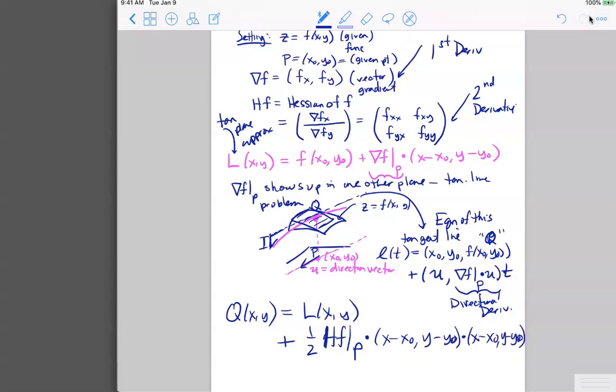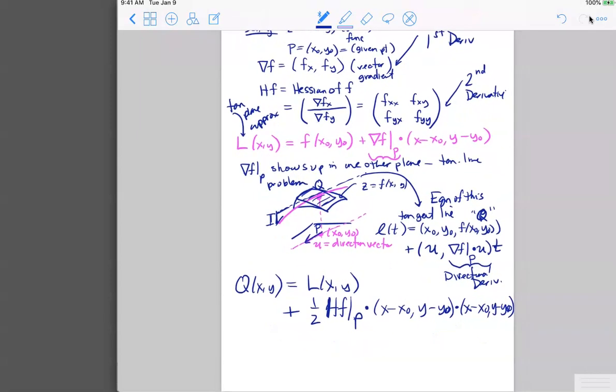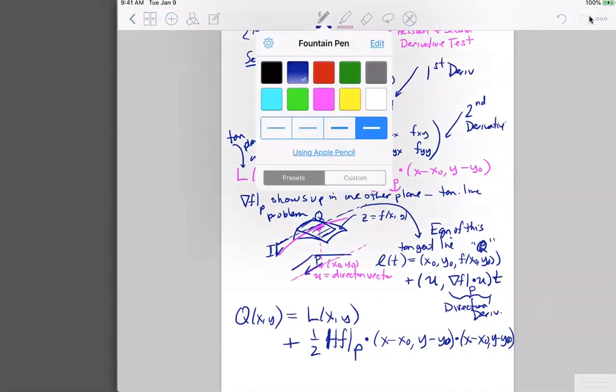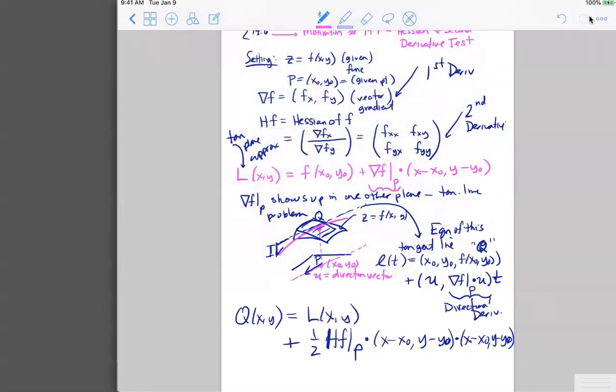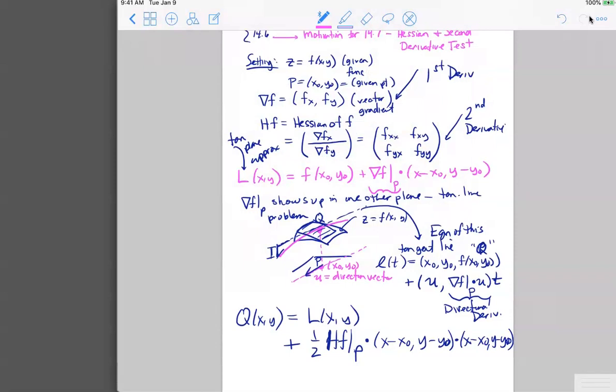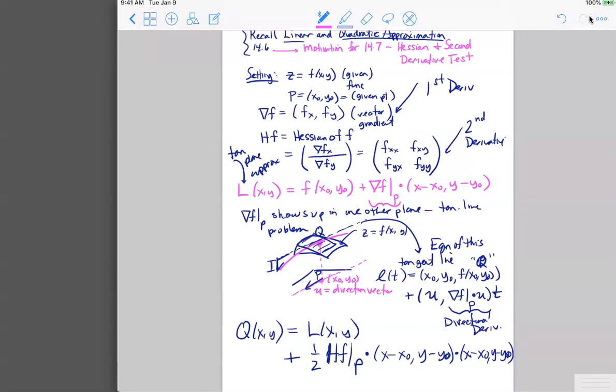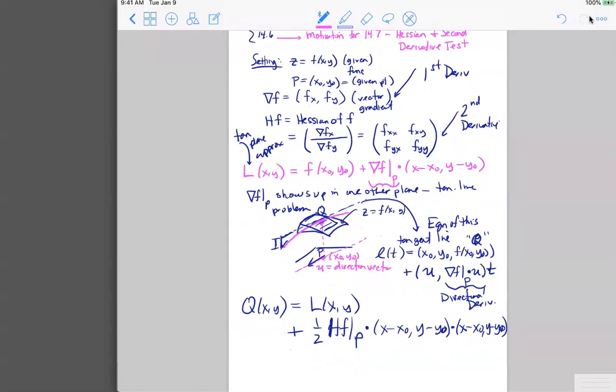And there is a video that you can watch on how to compute that. The thing that's going to be important for moving on to the Hessian and the second derivative test, which is what we're going to do in section 14.7, is I would like to talk about something called the directional, not the directional derivative, but maybe the directional second derivative.